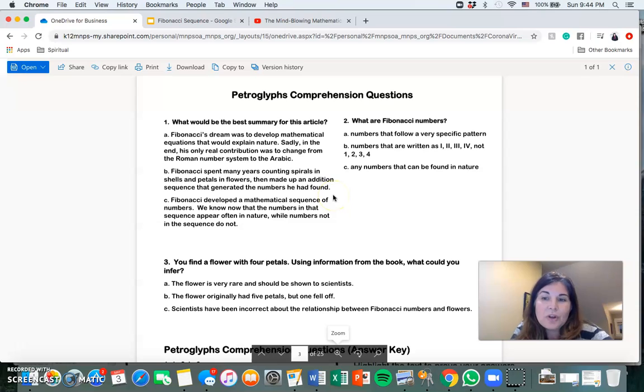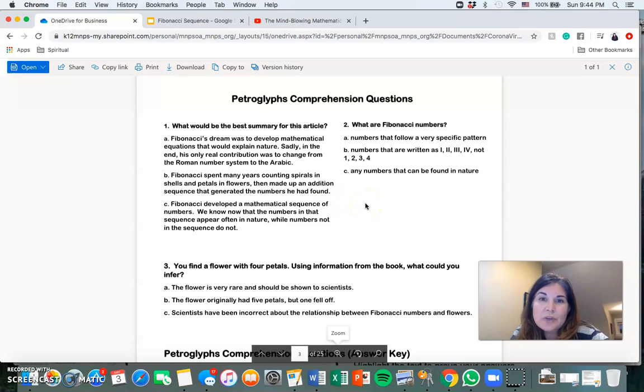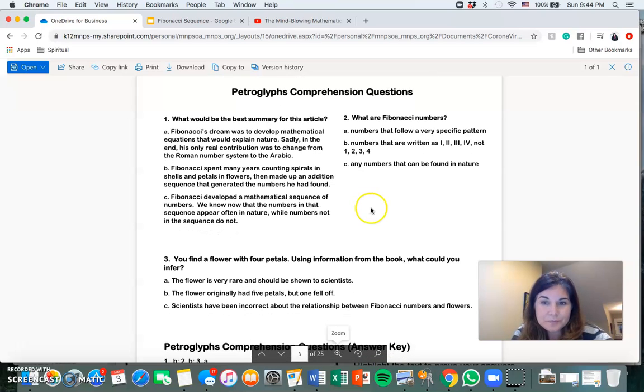But we're going to look at the questions first so that you know what to be thinking about as we are reading the article. So the first question: what would be the best summary for this article? And remember, a summary is a short way to tell about what the whole article is about.